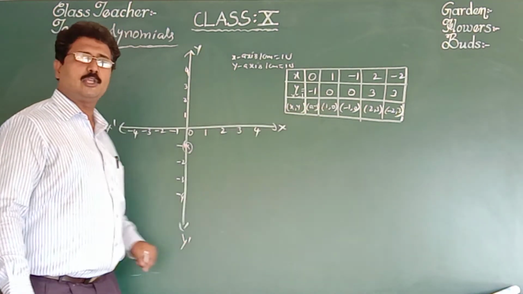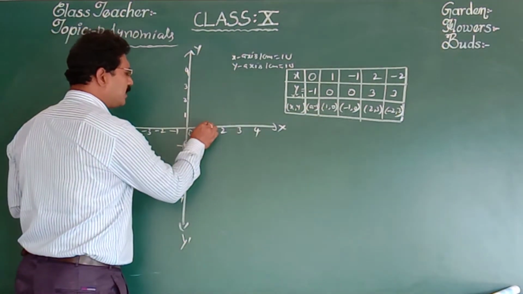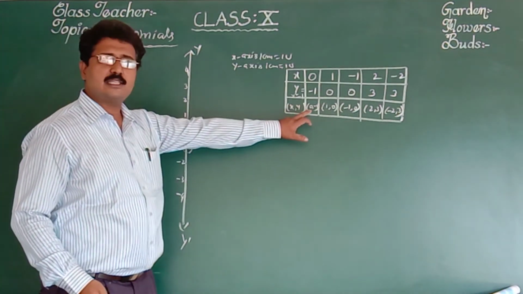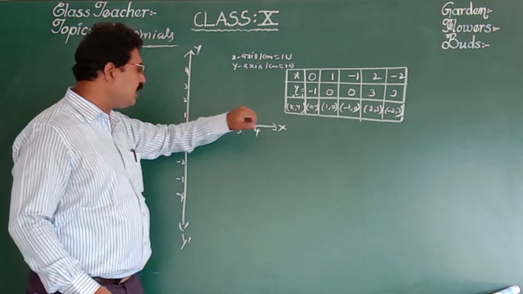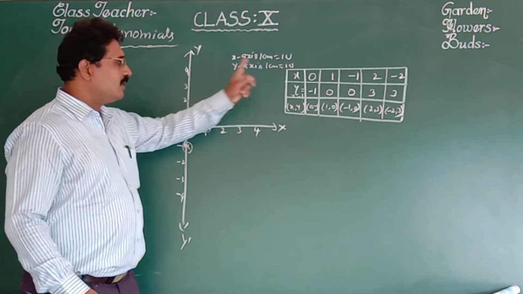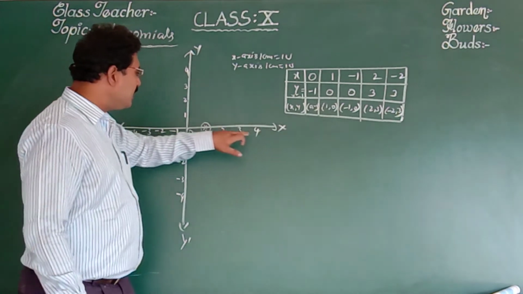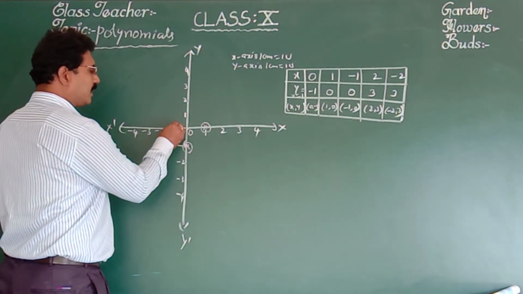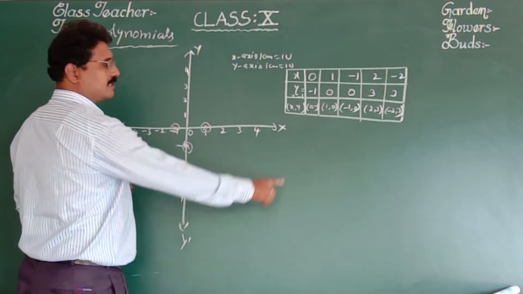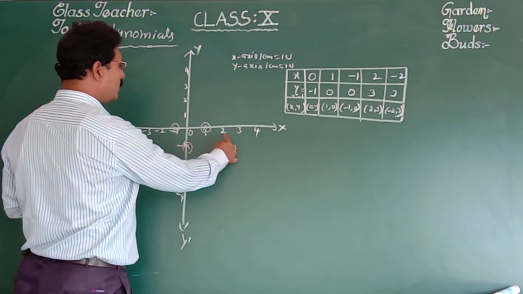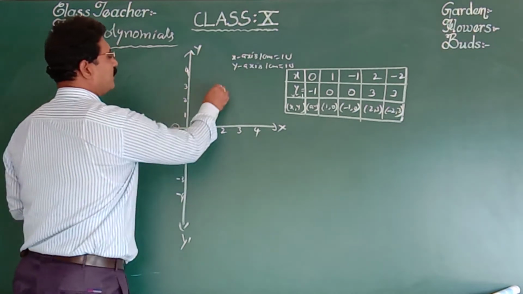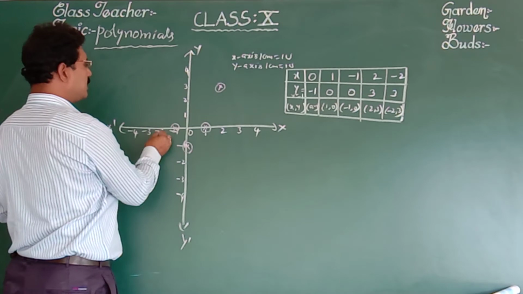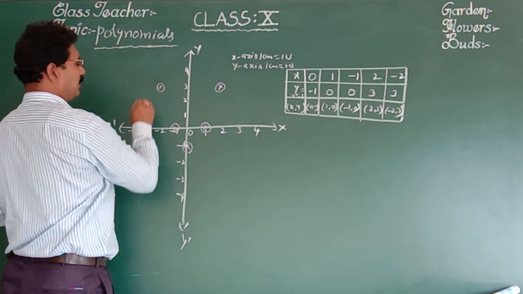Next, 1, comma 0: x is 1, y is 0, that means on the x-axis. Next, minus 1, 0: x is minus 1, y is 0, on the x-axis. Then 2, 3: x is 2, y is 3. Next, x is minus 2, y is 3.